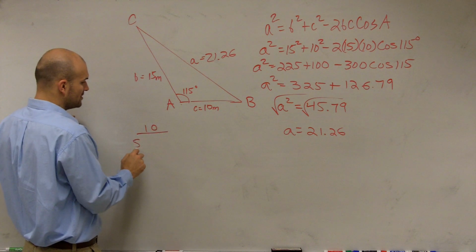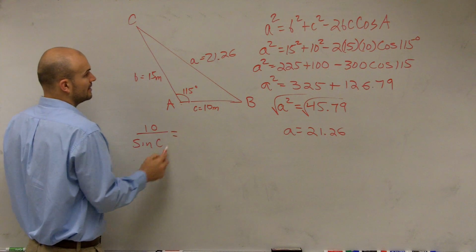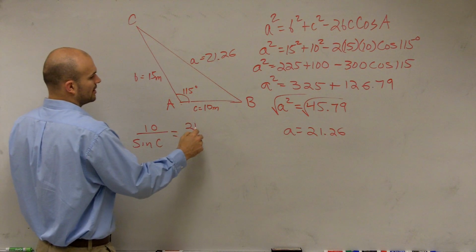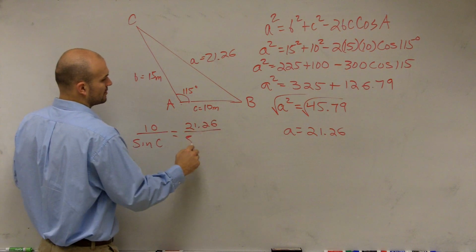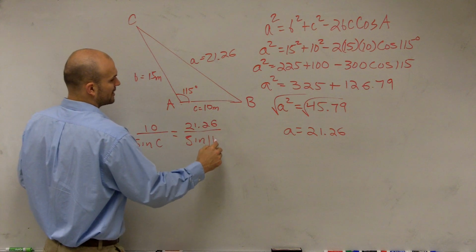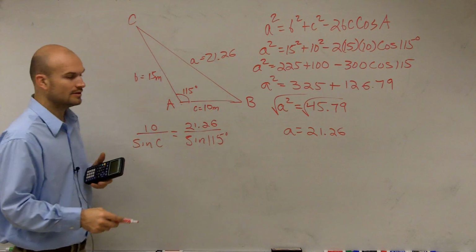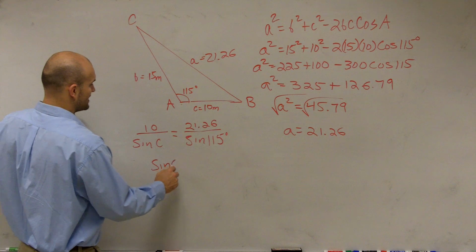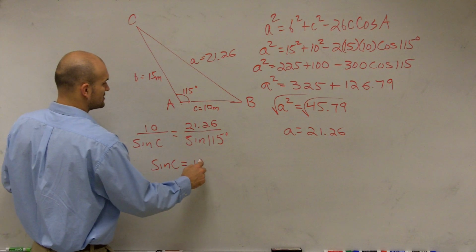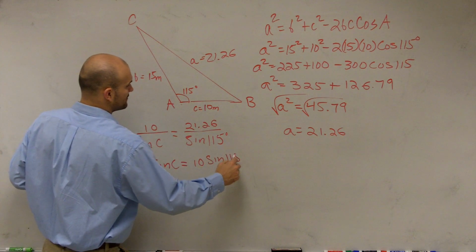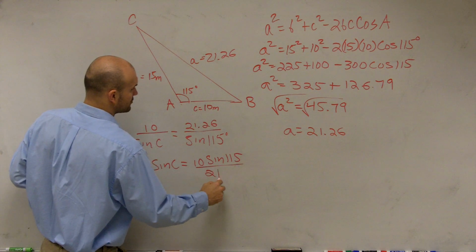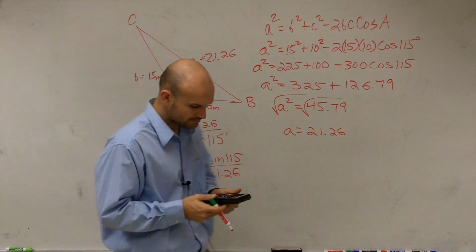So do 10 over the sine of C equals 21.26 over the sine of 115 degrees. Right? So therefore, we can say the sine of C is equal to 10 sine of 115 divided by 21.26.